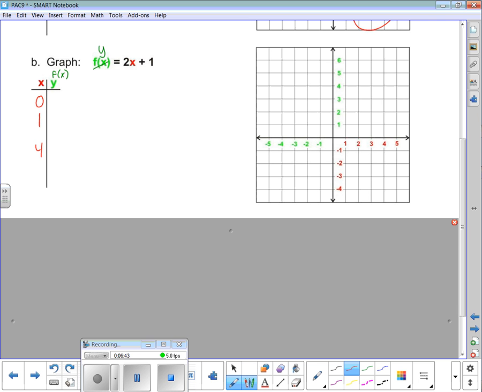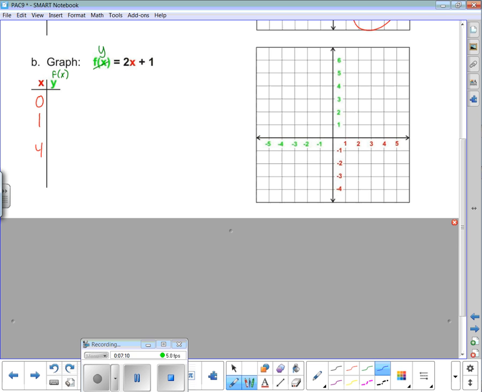So I want you to go ahead and graph those values. Figure out, sub in the x and figure out the value of y, plot the first point. Sub in the value of 1 for x, figure out the y and plot that point. Sub in the value of 4 for x, figure out the y and plot that point, and then turn the video back on, okay? All right, so pause your video, go ahead and do that, and then turn it back on.